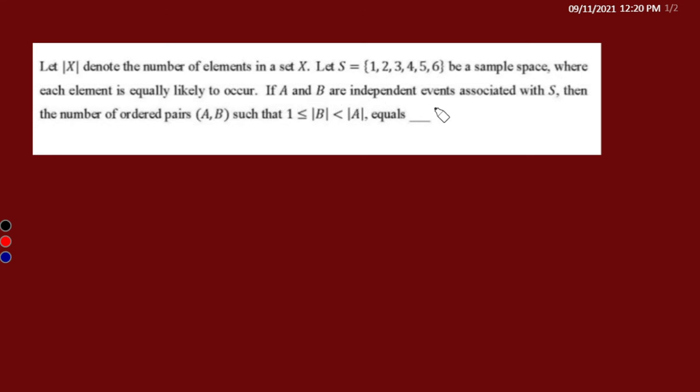If A and B are two independent events, this is the crux of the question, that they already called it independent, then find the number of ordered pairs A, B, that means in how many ways can you find two sets A and B out of this, such that the number of elements in B is less than the number of elements in A, both greater than or equal to 1.